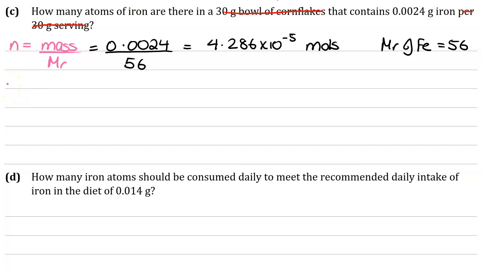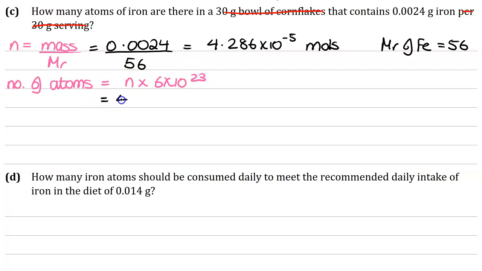Now, that's how many moles of iron atoms that we have. But to figure out the actual number of atoms, we need to use number of atoms equals n multiplied by 6 by 10 to the 23.